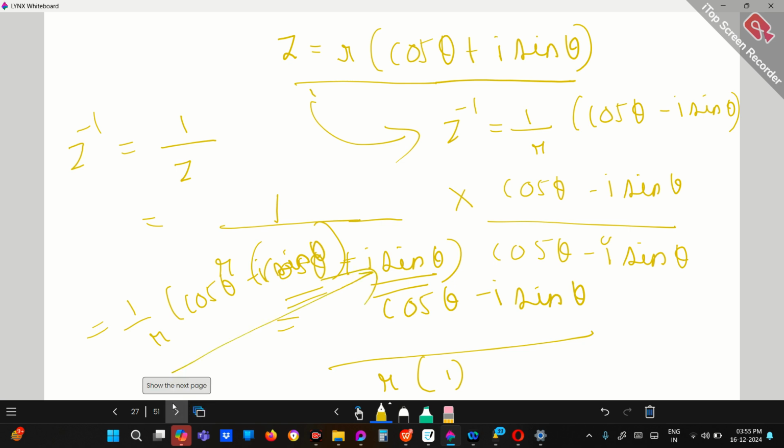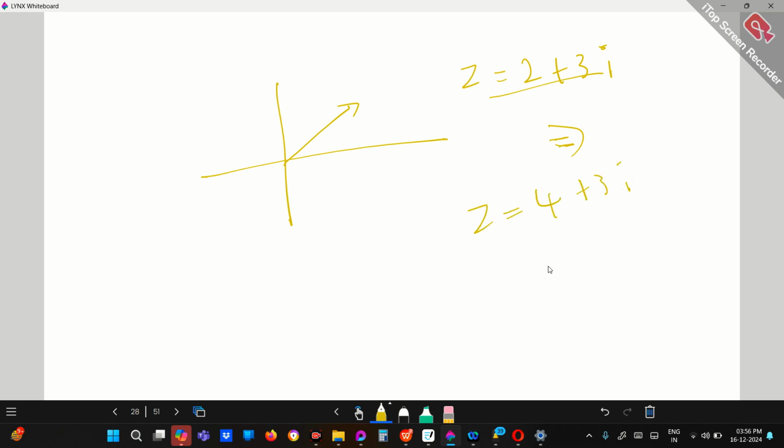What this property is saying is that whenever you find the inverse, the magnitude becomes the inverse of the magnitude. For example, if z is equal to 4 plus 3i, the magnitude is 5, right? Let me take a Pythagorean triplet so it will be very easy for you: 16 plus 9, the magnitude is 5.